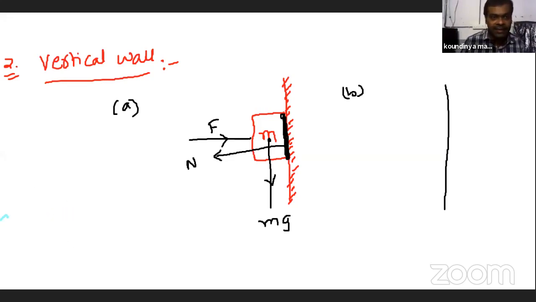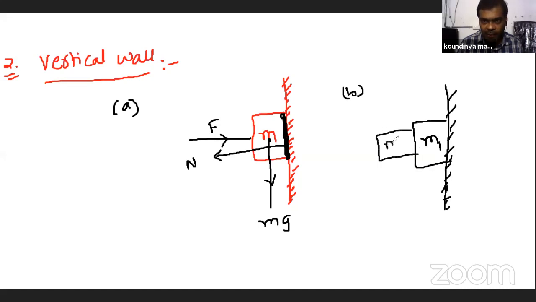Under which cases tension will act, that is the most important. Suppose this is the wall, and here I have an object of mass m1 and here an object of mass m2, with m1 not equal to m2, and I am applying a force towards the wall. Correspondingly we have the weights from the center of each object.